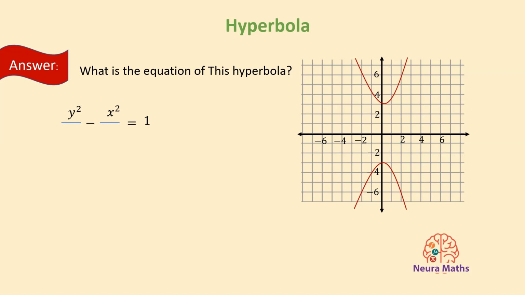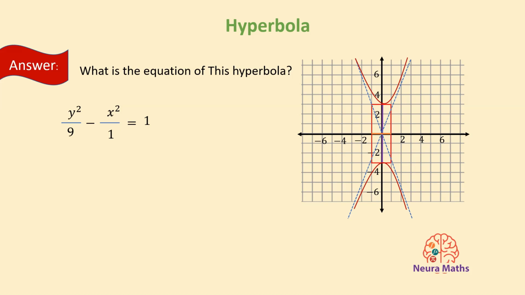The first denominator is half the major axis squared, which is 3 squared. What is the second denominator? To find the second denominator, we need to graph the asymptotes to determine the conjugate axis, like this. The second denominator is half the conjugate axis squared, which is 1 squared. The equation of the hyperbola is y squared over 9 minus x squared over 1 is 1.